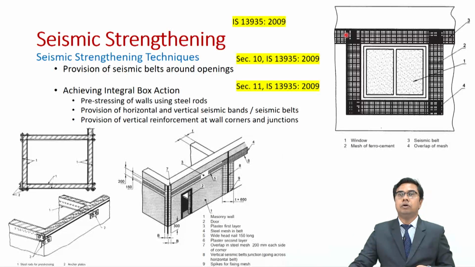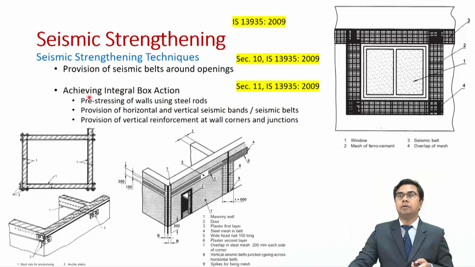Okay. We also want to achieve integral box action in case of masonry buildings. So, that is why we have been reiterating on providing horizontal and vertical bands, because that gives us good box action, and if our masonry buildings have an integral box action, the seismic response is really good.